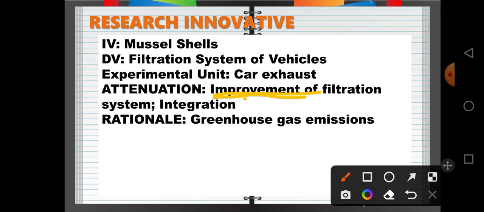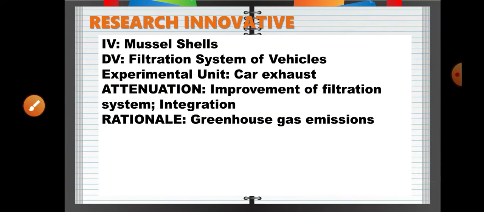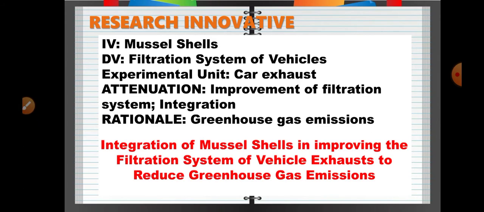Then there should be an integration, meaning there should be an upgrade, or the incorporation. Then rationale is that there are greenhouse gas emissions among car exhausts. So from here we can generate a study entitled Integration of Mussel Shells in Improving the Filtration System of Vehicle Exhausts to Reduce Greenhouse Gas Emissions.